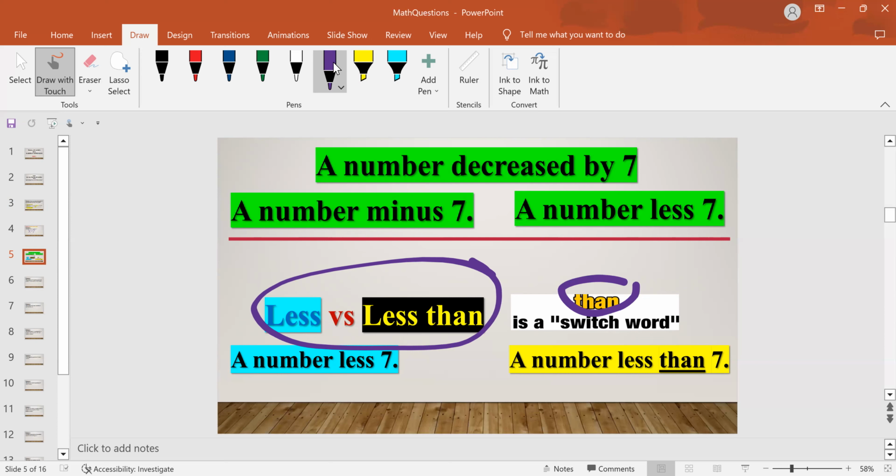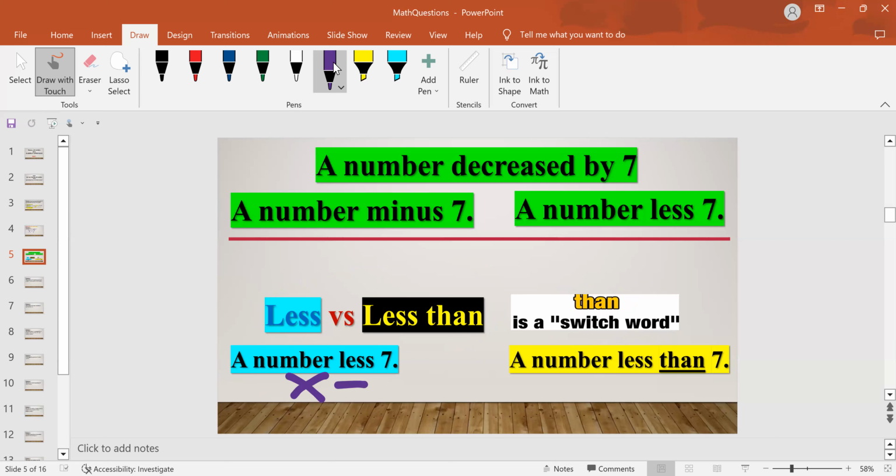That word than means you have to switch the words. So a number less 7 means we have X minus 7. Now when they say a number less than 7, we're going to switch. So we're going to have 7 minus X. So then switch words. Let's continue.